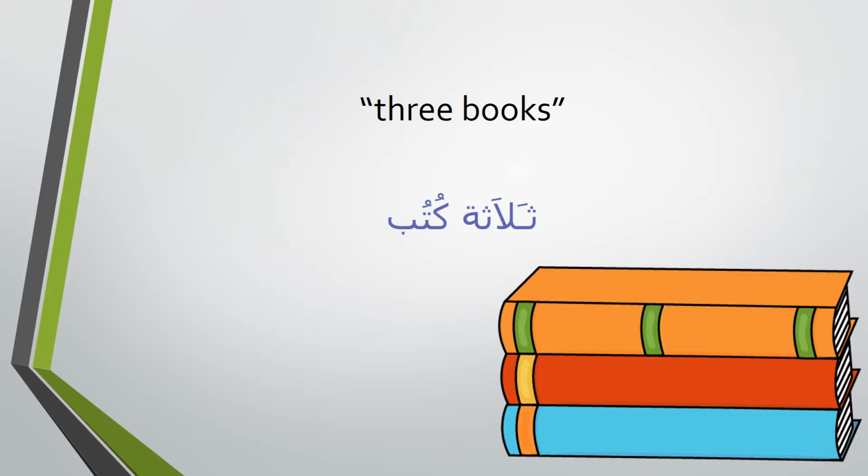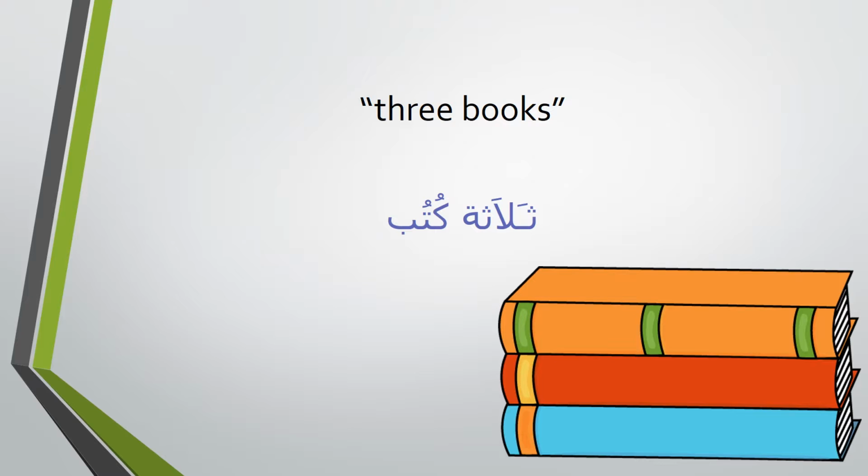Let's look at quantifying objects. As you will soon learn, groups of objects are treated a bit differently when it comes to agreement with adjectives and numbers. If you want to talk about 3 books, your numbers must have a reverse gender agreement with the singular form of the noun, even though with numbers 3 through 10, you're using the plural form of the noun. So you need thalatha katub.